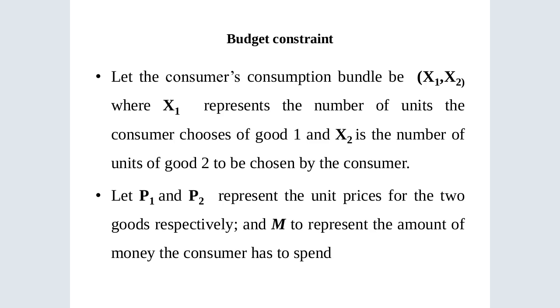Now I think we need to look at the first part, which is the budget constraint. So the first step is to formulate the budget constraint. If a consumer is consuming two goods, he has a consumption bundle, which can be X1 and X2, where X1 represents the number of units that the consumer chooses of good 1, and X2 represents the number of units of good 2 chosen by the consumer.